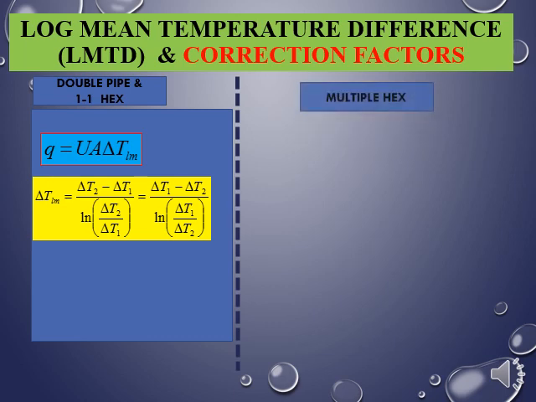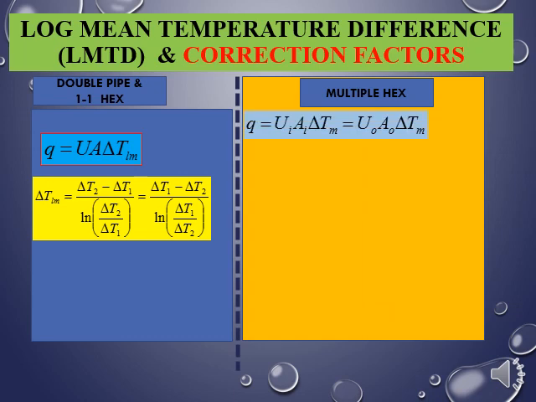However, for multiple pass heat exchangers, especially the shell and tube heat exchanger, whether it is a 1 to 2 heat exchanger or a 2 to 4 heat exchanger, there's a slight difference because we have to use this formula.